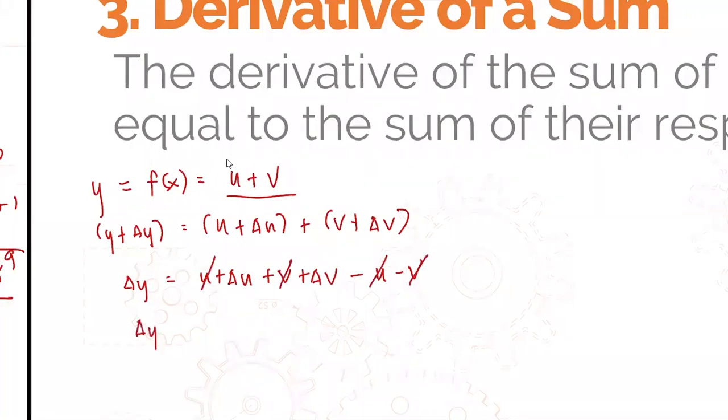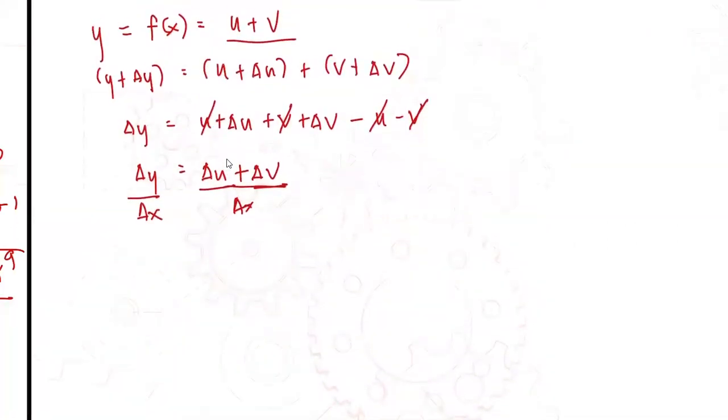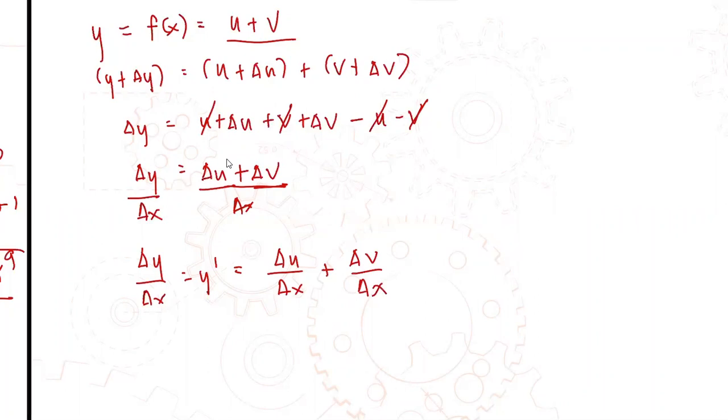So, delta y is equals to delta u plus delta v. Then we divide both sides by delta x. So, delta y over delta x, or y prime, is equal to delta u over delta x plus delta v over delta x, or y prime is equals to u prime plus v prime. Okay?